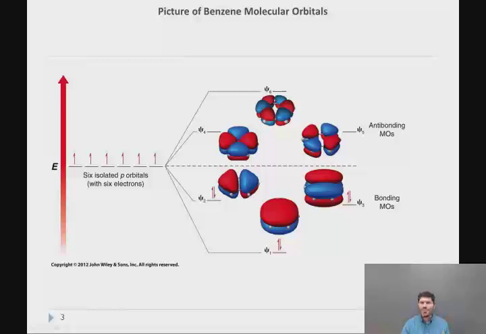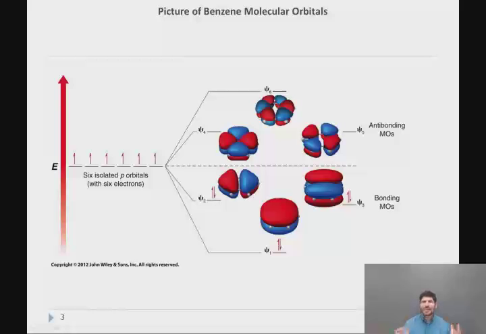Okay, so that's your molecular orbital picture, and the fact that all of your bonding molecular orbitals are filled with the 6 electrons, all of your anti-bonding molecular orbitals are empty, and the fact that in an aromatic system you have this especially stable psi1, that if you broke the aromaticity, you would lose that stable psi1.